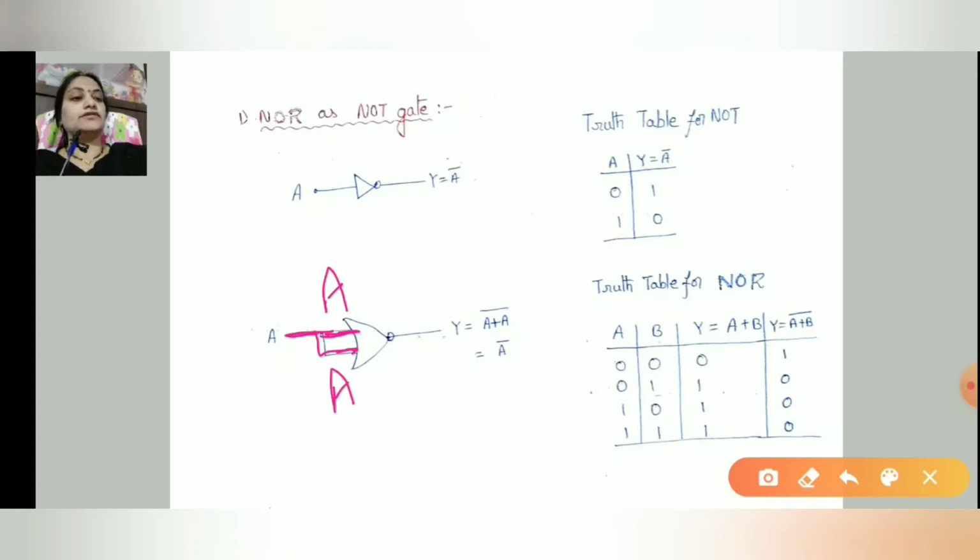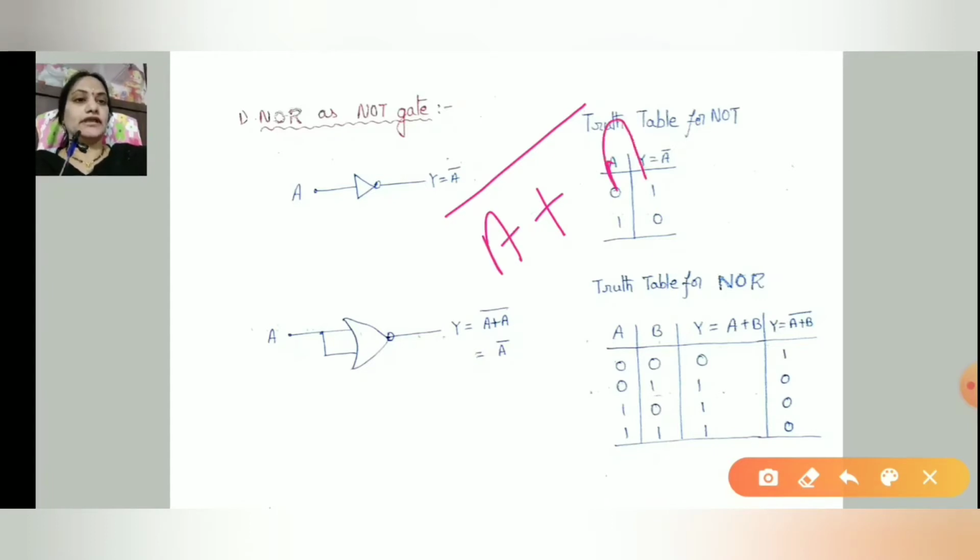Now according to the definition of NOR gate, what is the output? That is whole complement of the addition of its inputs. What are the inputs? A. Okay. Finally, we got whole complement of A plus A. Now you have to solve it by using Boolean algebra.